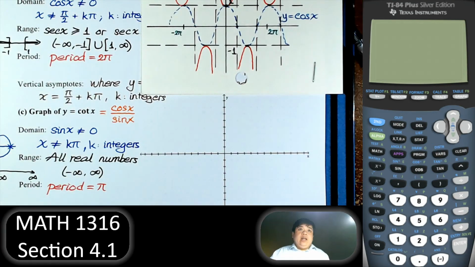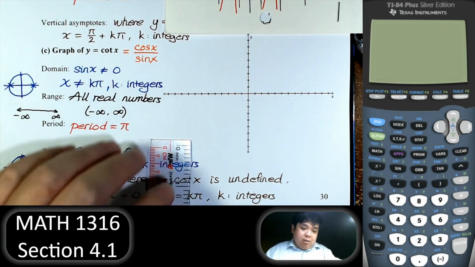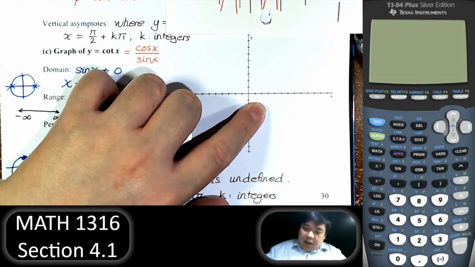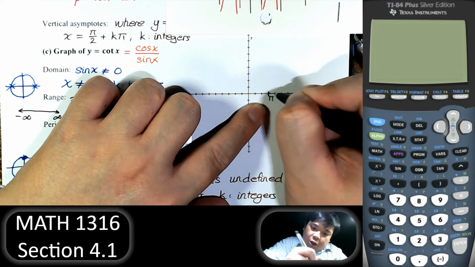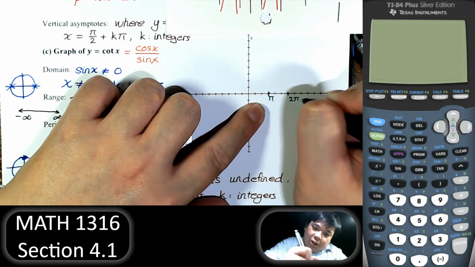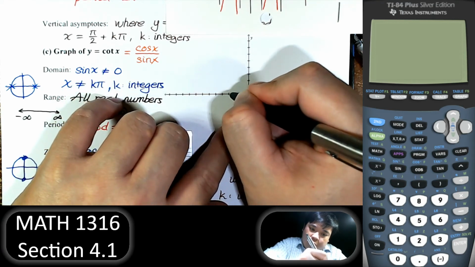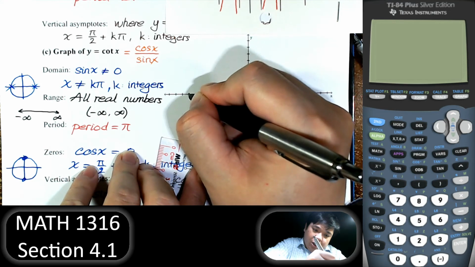Right, so put together in the graph, the period is pi. Let's mark pi, 1, 2, 3, 1, 2, 3, 1, 2, 3.